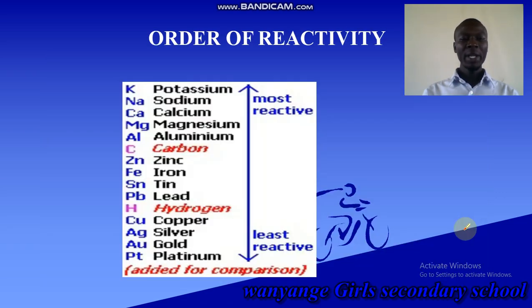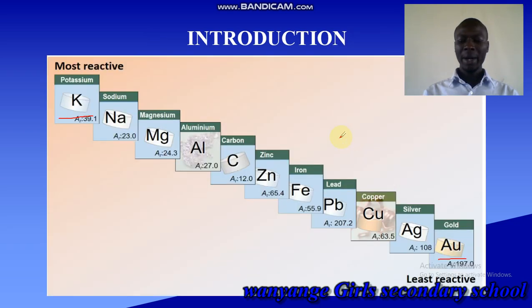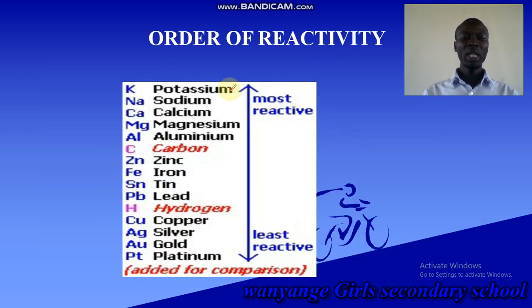So we have here a summary of the reactivity series, with potassium on the top, meaning that it is the most reactive metal in this case, followed by sodium, and then calcium, magnesium, aluminium, carbon, zinc, iron, tin, lead, hydrogen, copper, silver, gold, and platinum.